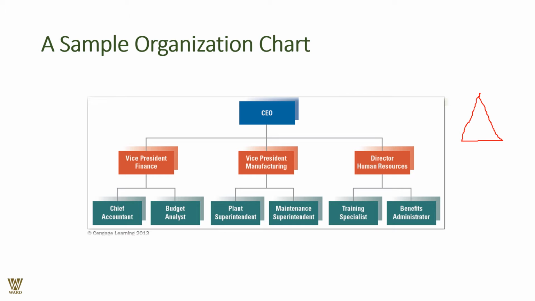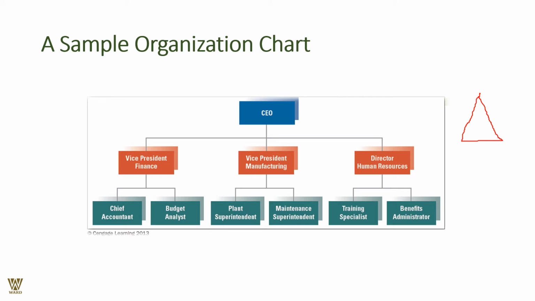Similarly, there are a budget analyst and a maintenance superintendent. We are also talking about a training specialist and benefits administrator as far as the reporting relationships for human resources are concerned. I have given you this organogram for you to understand what an organizational structure looks like, the organization chart that can be followed.